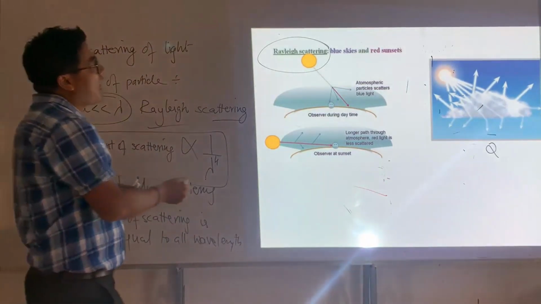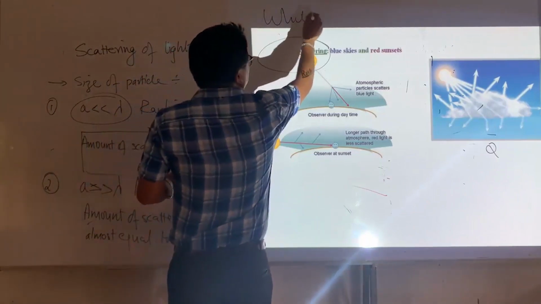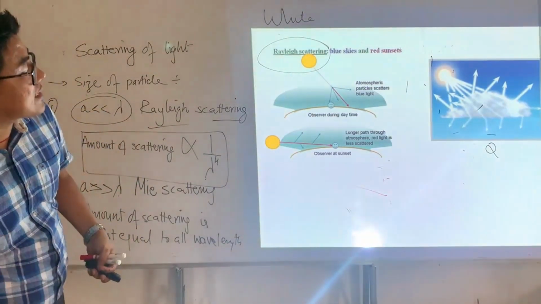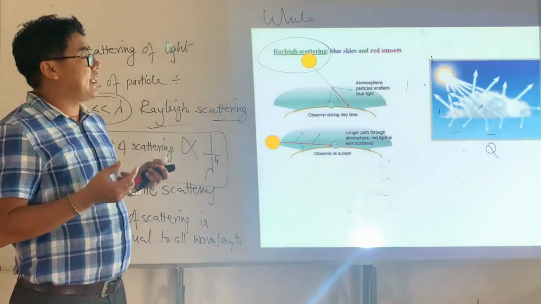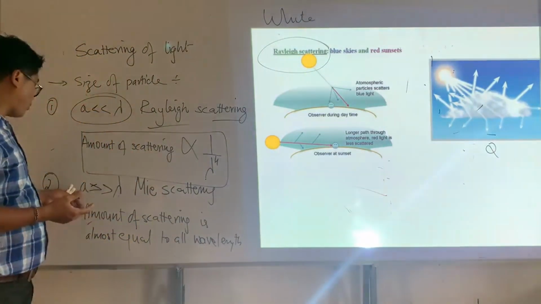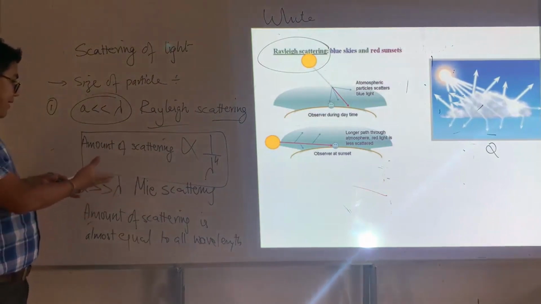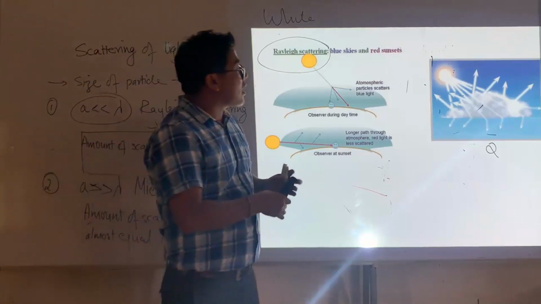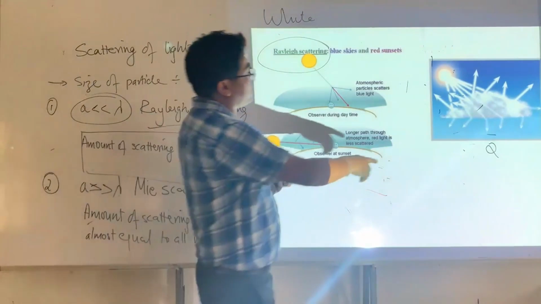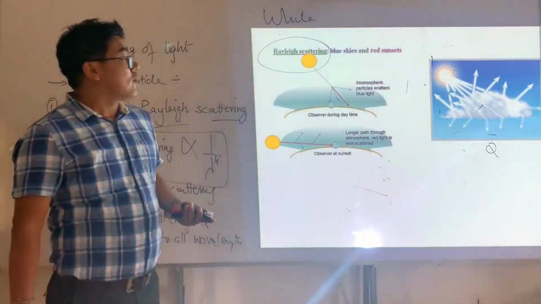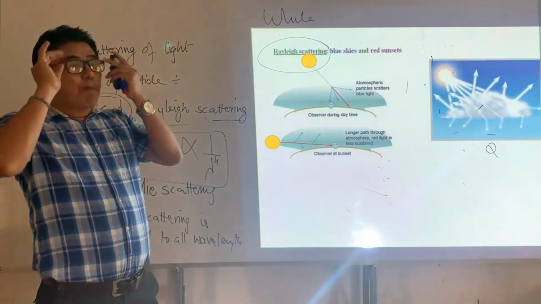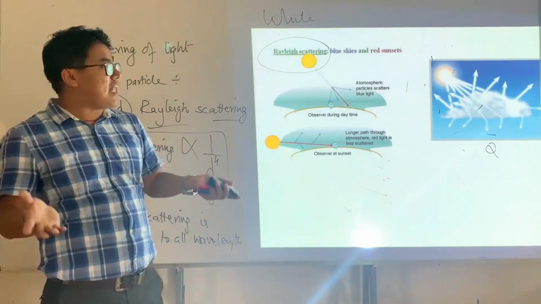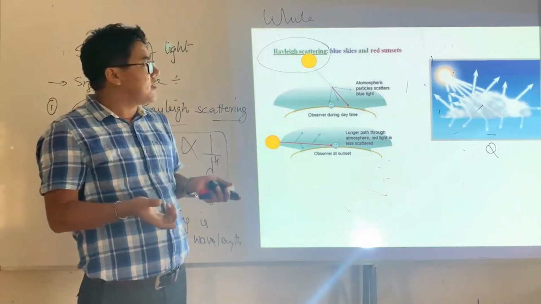So therefore what you see is white. When sunlight scatters from a droplet of water in the atmosphere, since the droplet of water is so big compared to the wavelength of light, Mie scattering takes place. Therefore the clouds normally appear white. So if the scattering object is big, then the amount of scattering is almost equal for all the wavelengths. Therefore what we see is white light.